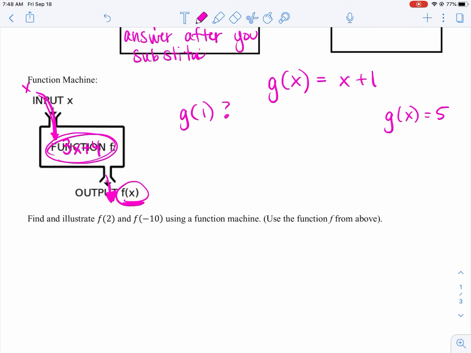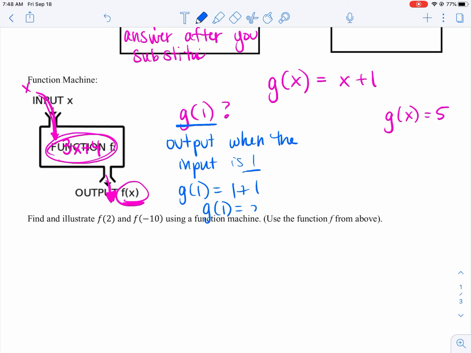When I say, what is g of 1, this says, what is the output when the input is 1? So I'm going to plug 1 into x, so g of 1 equals 1 plus 1, so g of 1 is equal to 2.